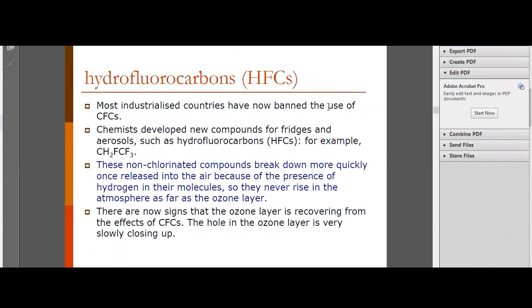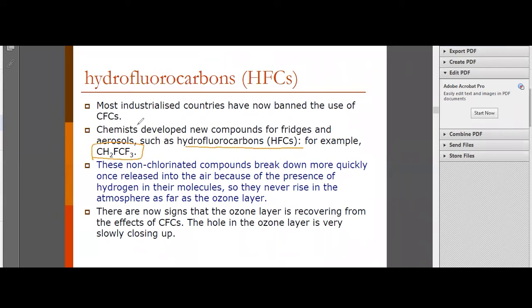Okay, to prevent the side effects of CFCs, scientists try to find another substance that can act as a CFC but is less harmful. The molecule is called hydrofluorocarbon, or HFCs. You can see that here we have fluorine only, not Cl.